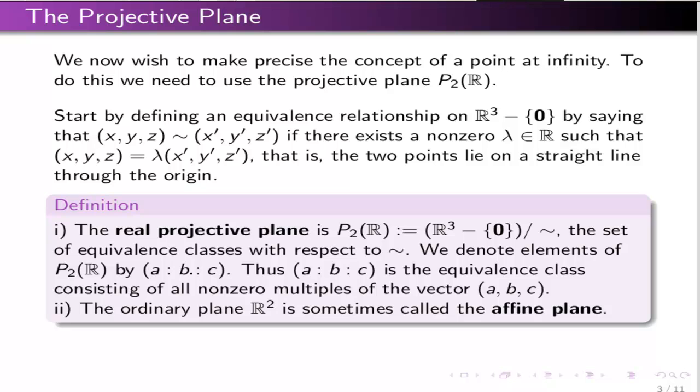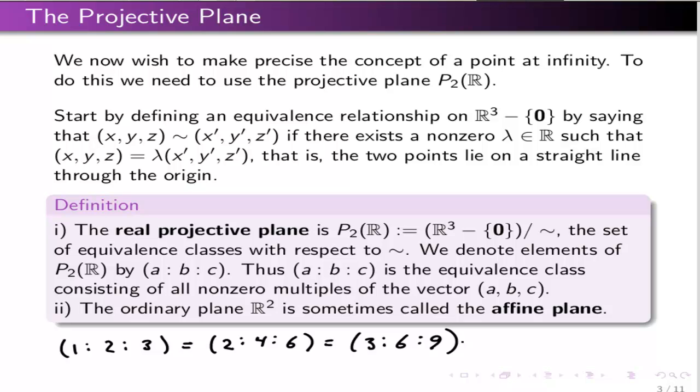So A:B:C. So for instance, 1:2:3 is the same point as 2:4:6, and it's the same point as 3:6:9. All of these are scalar multiples of one another.